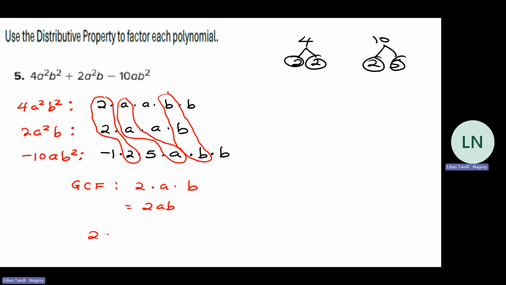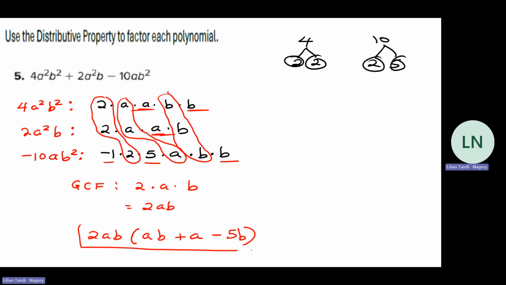Then outside 2ab, then inside ab plus a minus 5b. So minus 5b, here is just a, here is ab. Okay? So there is your answer and you box it.